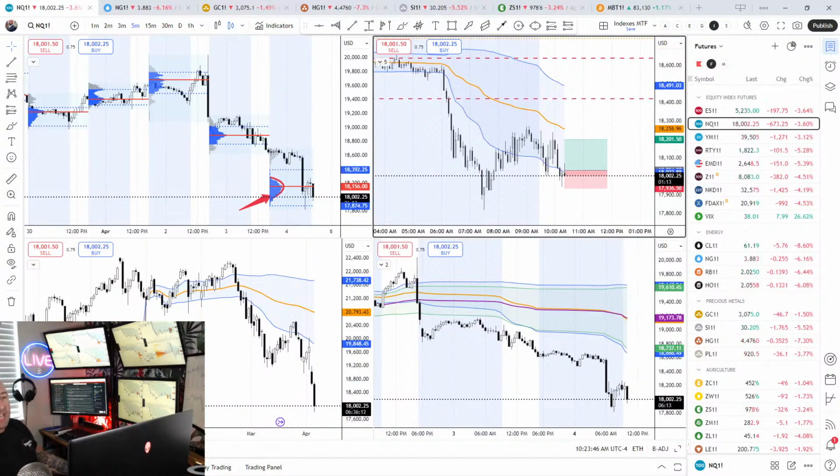So we're back at the 18,000 level at NQ. Weakness in the other indexes could be pulling this one down here.